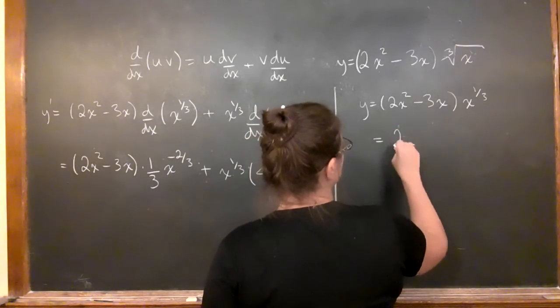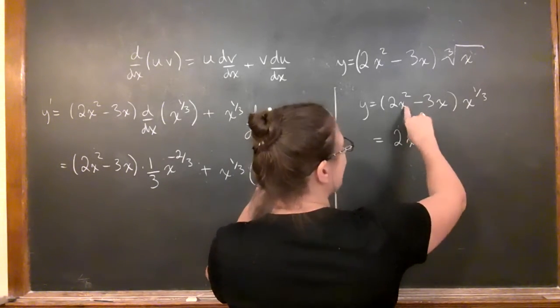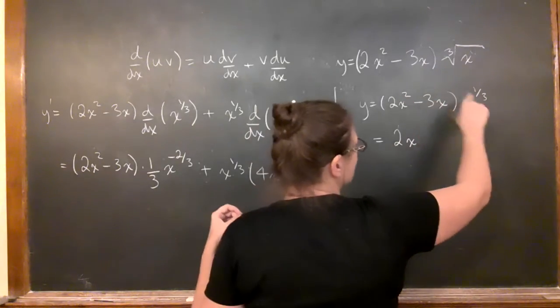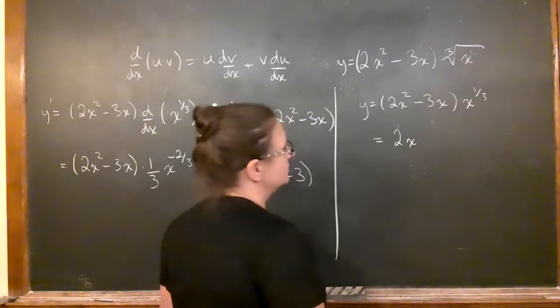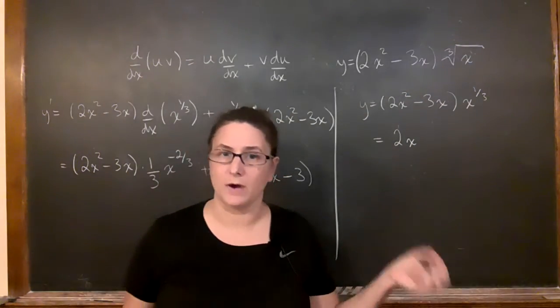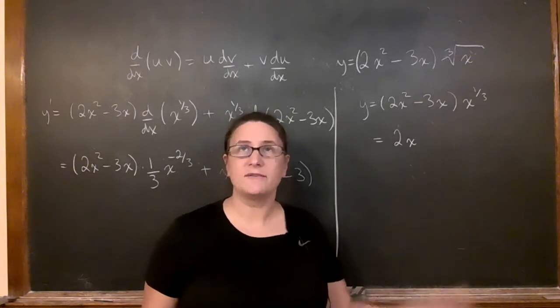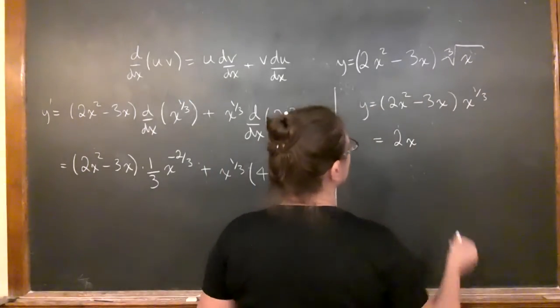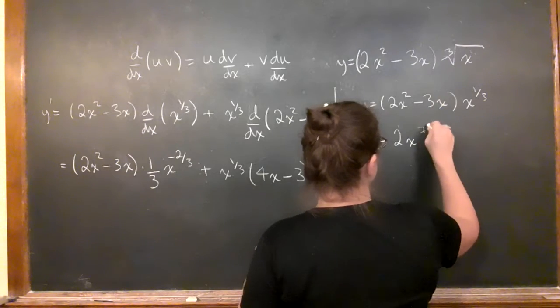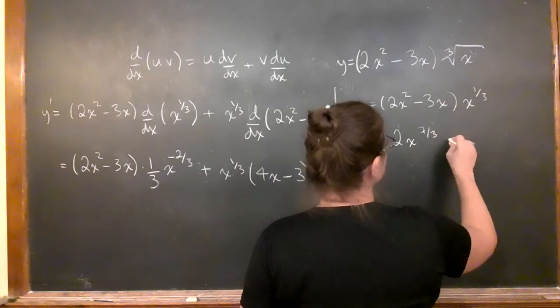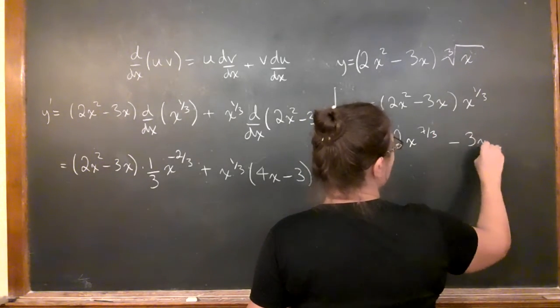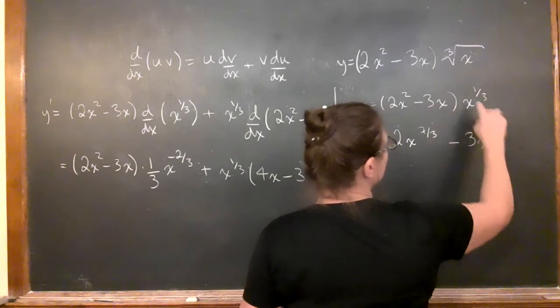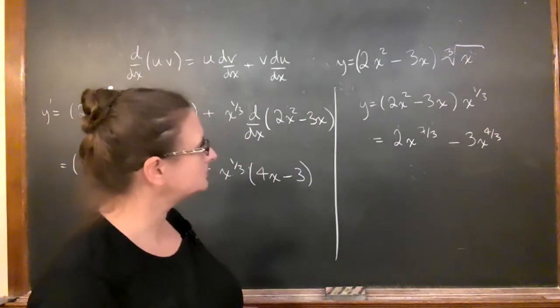So this would have been 2x to, okay, and remember when I multiply things with exponents, I'm adding the exponents, so I want to do 2 plus 1/3, right? So that would be 7/3, right? 6 plus 1 is 7. So I get 2x to the 7/3 minus 3x to the 4/3 when I multiply that guy through.